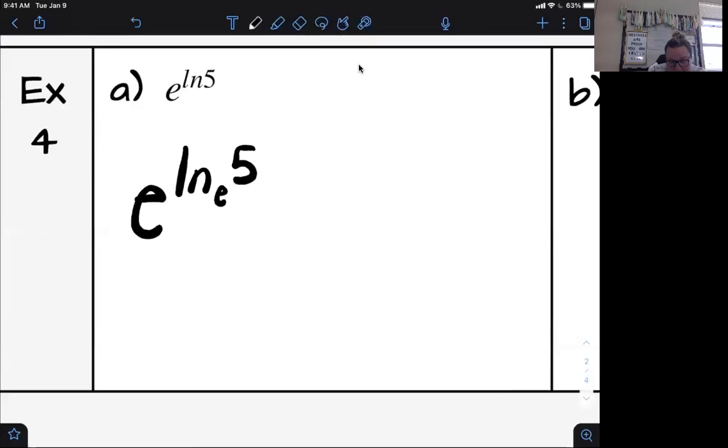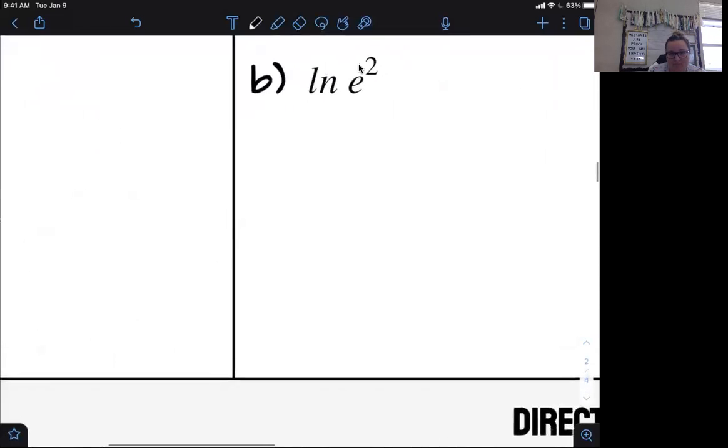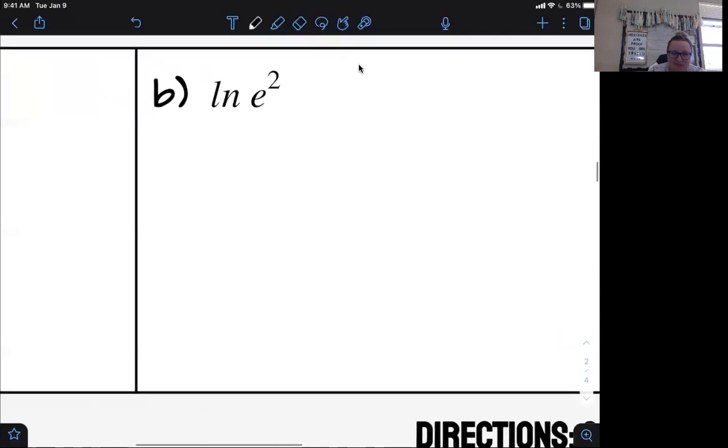Whenever you have e to the natural log of something, it just becomes 1, and then you're left with what was in the log in the power. So you're just left with 5.